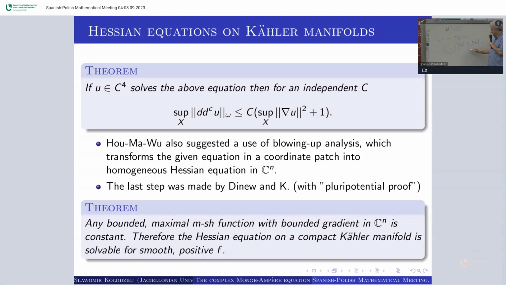And you can prove that in the limit, you obtain the homogeneous m-Hessian equation. Homogeneous meaning that on the right-hand side you have 0. And we call such solutions maximal. They correspond to harmonic solutions for the Poisson equation.